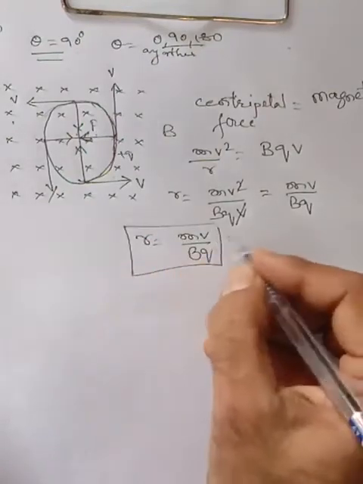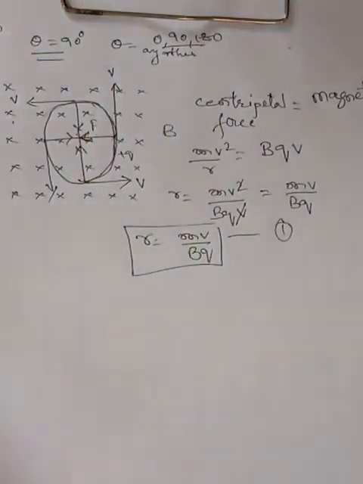This is the first equation, the radius of the circular orbit, where r is the radius, m is the mass of the charged particle, v is the velocity of the charged particle, B is the magnetic field, and q is the magnitude of the charge. This is the first part of the derivation, that is radius.